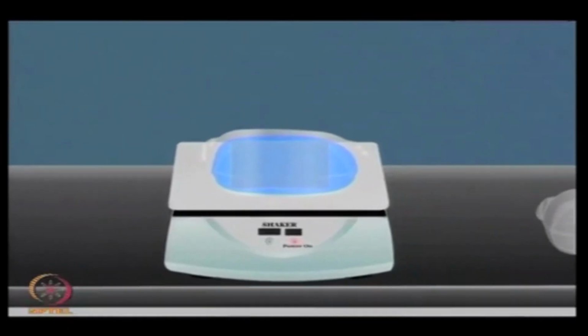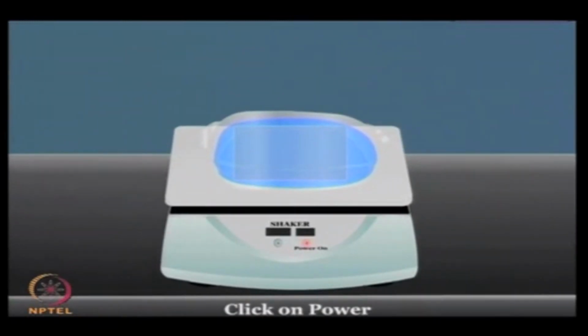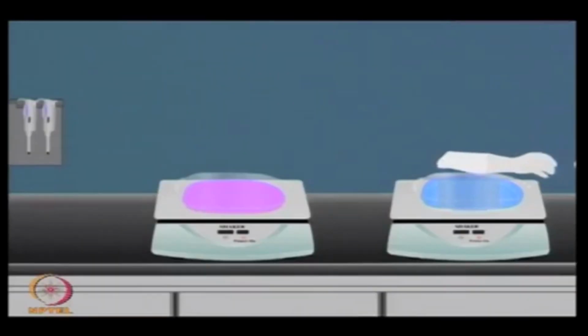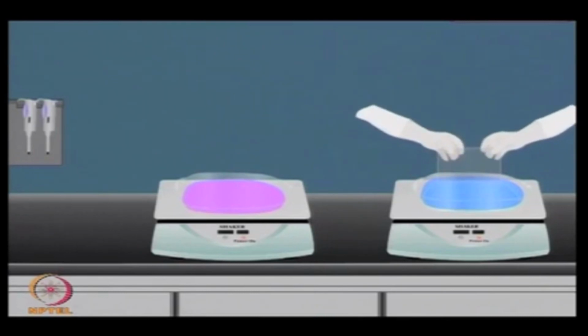So, this process involves removal of the gel from the electrophoretic assembly, followed by treatment with a fixing solution, staining solution and finally, the de-staining solution.